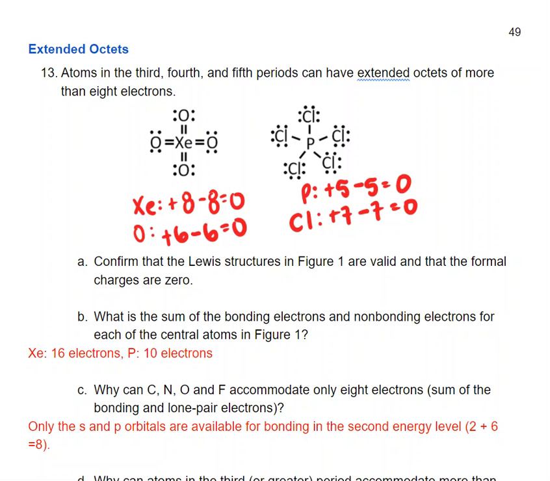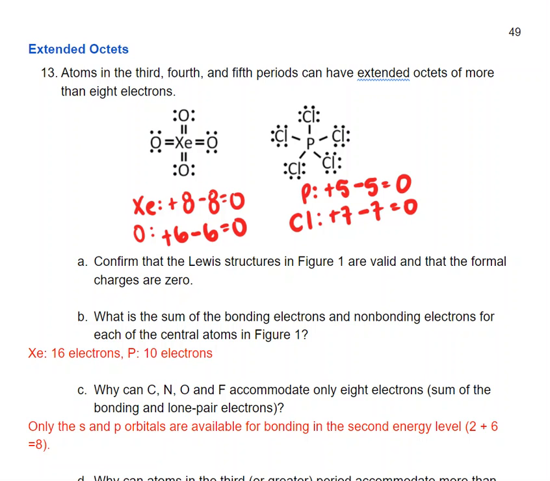All of the oxygens and the chlorines are the same here, so I just did one calculation, but we can see that both of them end up with formal charges of 0. What is the sum of the bonding and non-bonding electrons for each of those central atoms? For xenon, it's 16, and for phosphorus, it's 10.